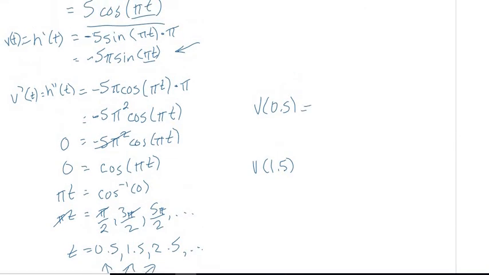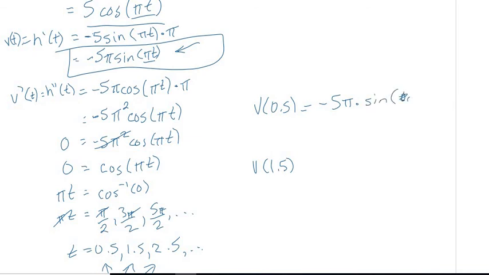So the speed function was this one right here. So let's use that: negative 5 pi times sine of pi times 0.5. If you put that all together, it becomes negative 15.71 meters per second.